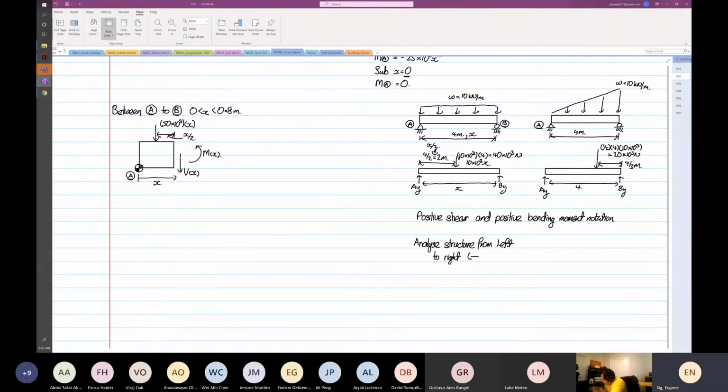So the analysis of the structure is in this direction, left to right, based on positive shear and positive moment notation. And one thing I want to elaborate: the geometric datum is always on the left-hand side. So this is our geometric datum.